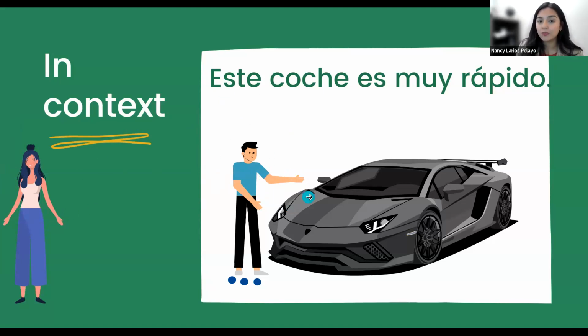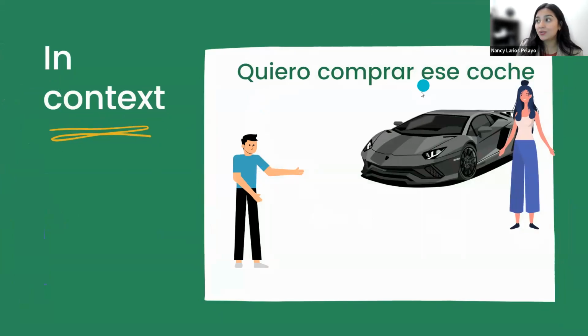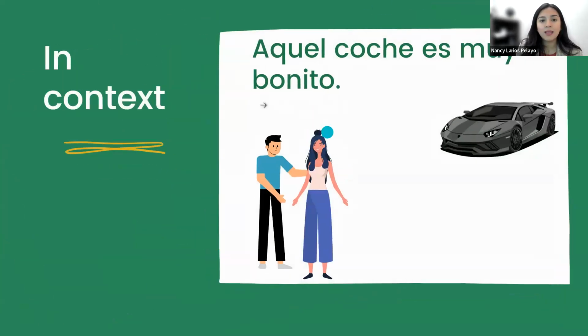So he's telling her, okay? Este coche es muy rápido. Quiero comprar ese coche. Speaker, listener. Quiero comprar ese coche. He's telling her. Speaker, listener. Aquel coche es muy bonito.